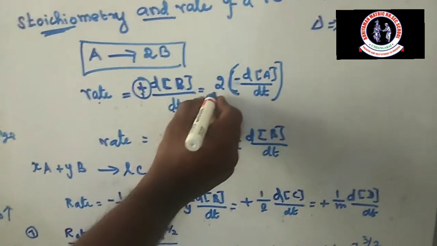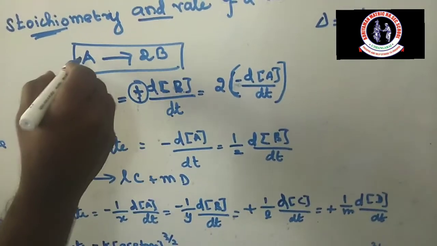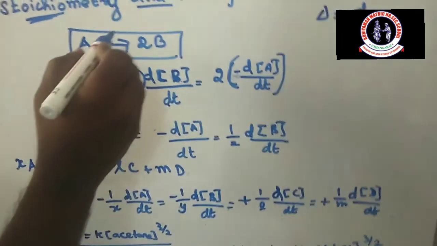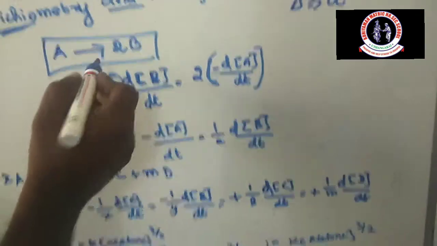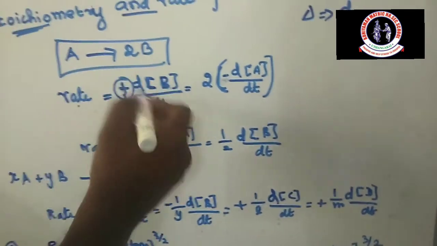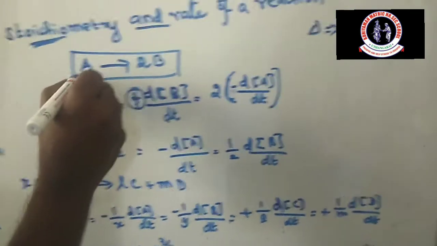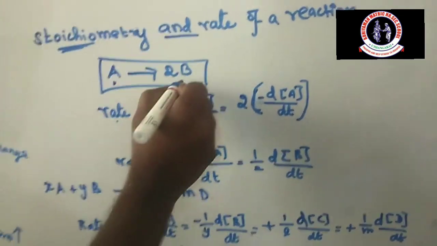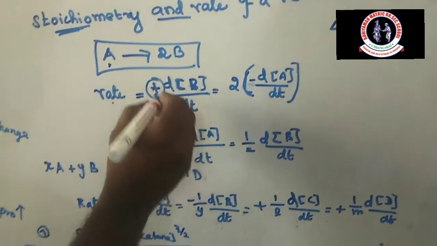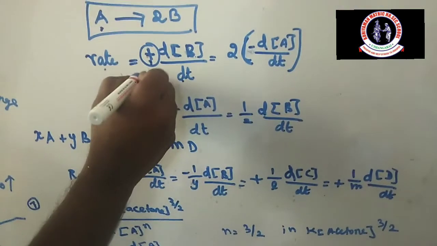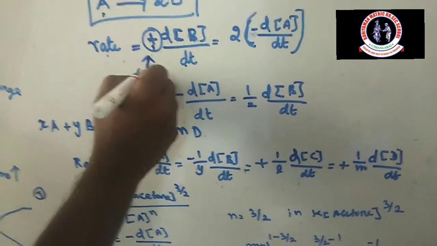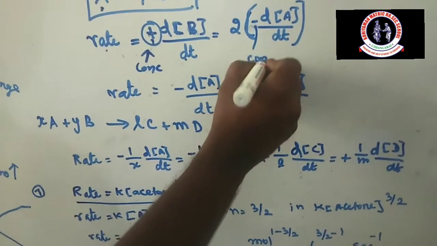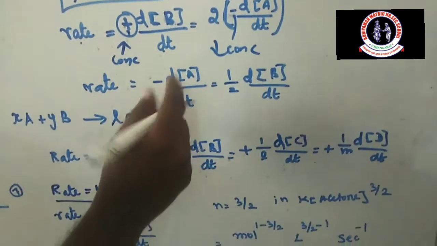Compared to A and B, 2 moles of B are formed while 1 mole of A decreases, because this is the reactant and the other is the product. A positive sign indicates an increase in concentration, a negative sign indicates a decrease.